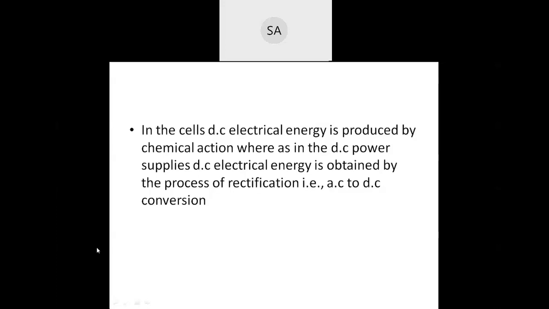So that is the use of DC power supplies and cells.